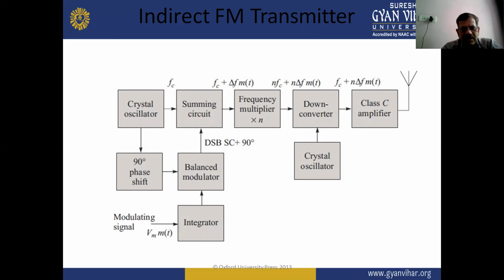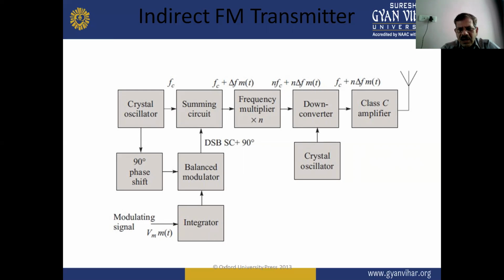After the summing, the output of this summing circuit is FC plus del F m(t), and this is again multiplied by N, and the output of this frequency multiplier is N FC plus N delta F m(t). Then this signal is fed to the down converter, and the down converter also receives a signal from the crystal oscillator, that is the high frequency carrier signal.